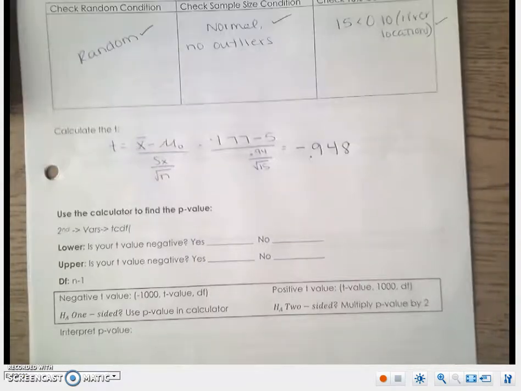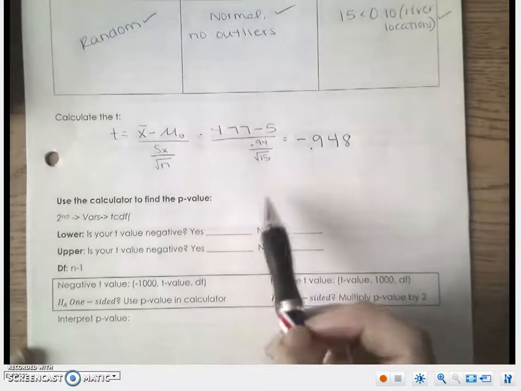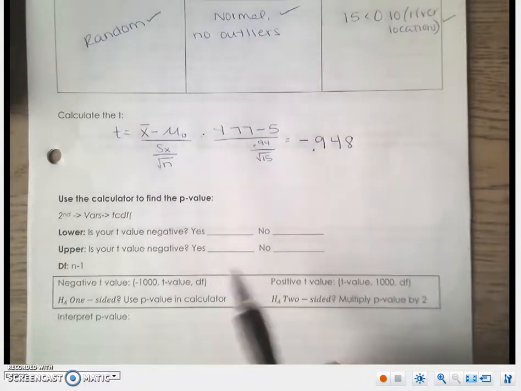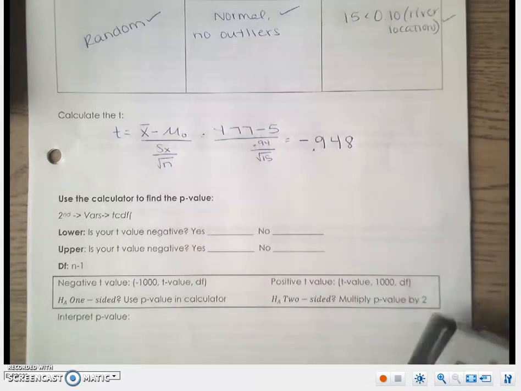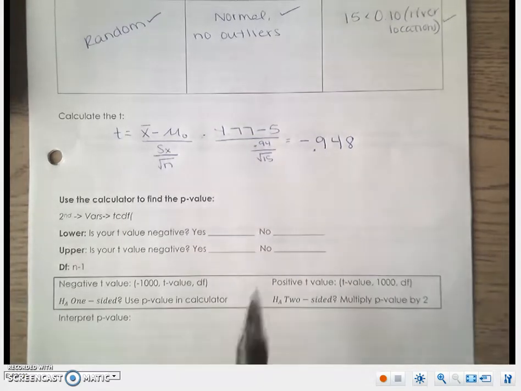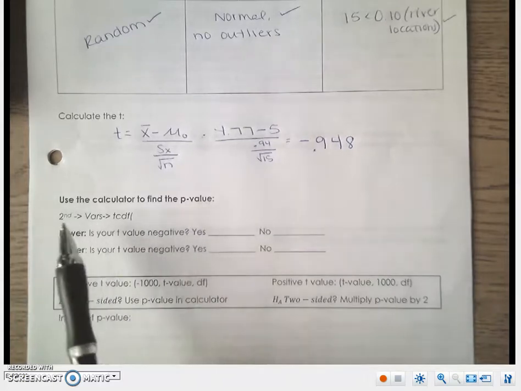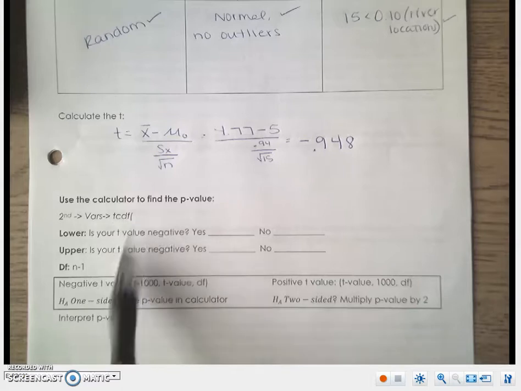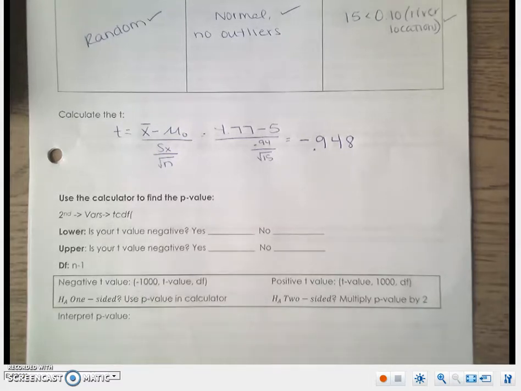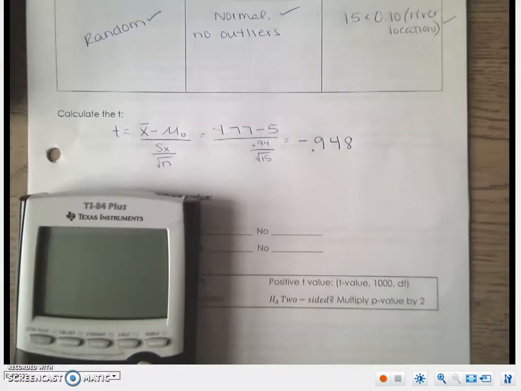Okay, from here we can use our calculator to find the p-value. To find the p-value in your calculator, you're going to use a function in the variables menu called tcdf. When you do second vars, tcdf, you have to put in your lower bound and your upper bound.